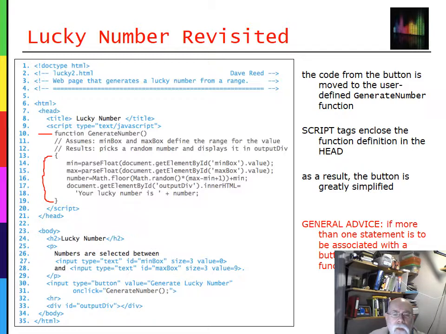Now on click, it's going to call generate numbers. And what is going to happen when it does is that, remember, you have your IDs here and here, min and max box.